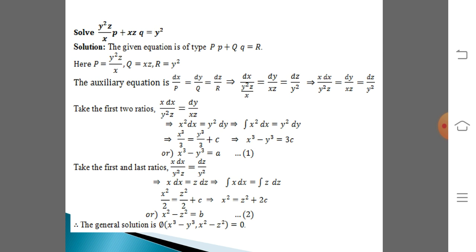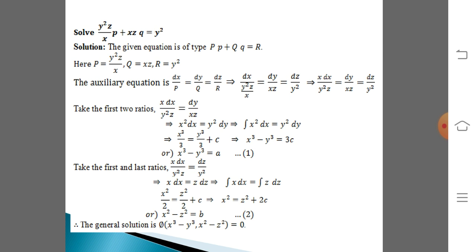Since y squared is a factor which appears on either side in the denominator, if you cancel y squared on both sides, you get x dx by z equal to dz. You just cross multiply z, you get x dx equal to z dz. You integrate on both sides, you get x square by 2 equal to z square by 2 plus c.